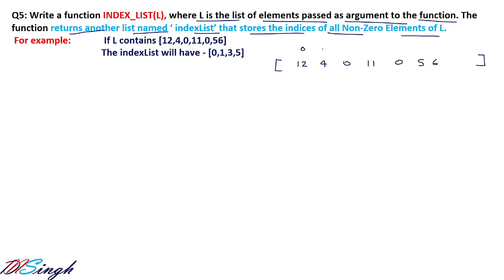So indexes will be 0, 1, 2, 3, 4, 5. The question is asking you to create a new list which will hold the indexes of non-zero elements. Here it is non-zero, it is also non-zero, it is non-zero, it is non-zero. So it will hold 0, 1, 3 and 5. Fine. So this is what I want in the output.